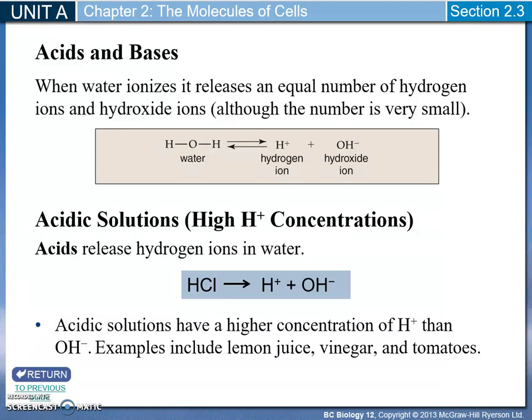So if you have a surplus of hydrogen as opposed to the hydroxide ion, then you have an acid solution. Some examples of this are lemon juice, vinegar, and tomatoes. These are naturally occurring substances that have a slightly acidic pH, or hydrogen ion concentration.